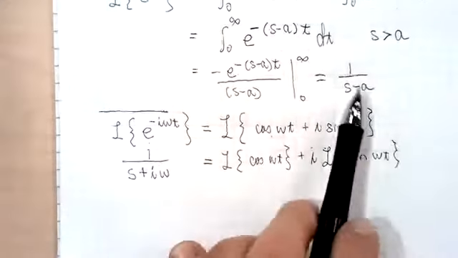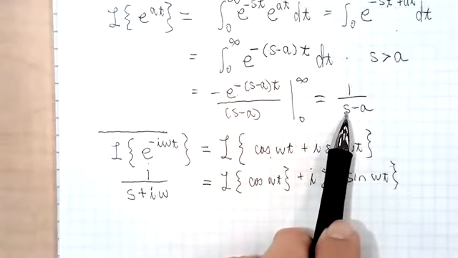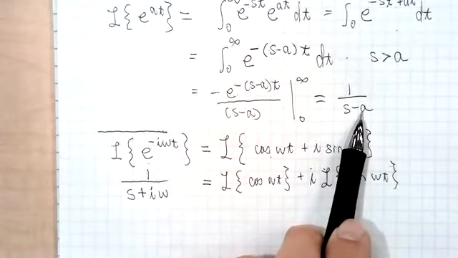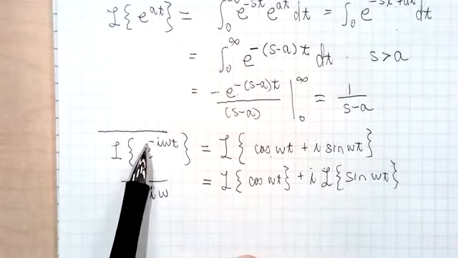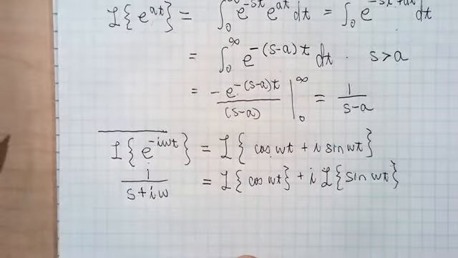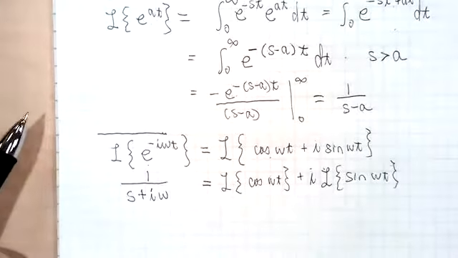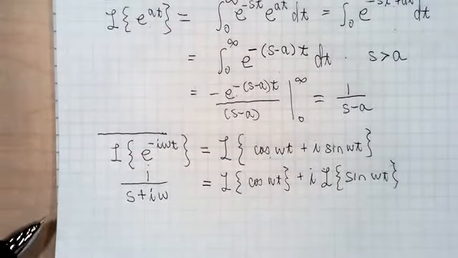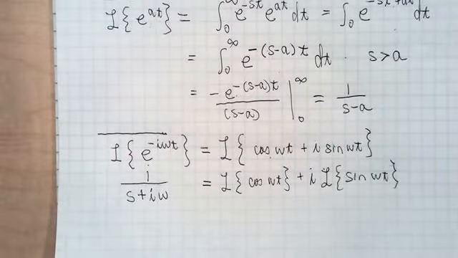So all I did is I took this formula right here, 1 over s minus a, and I replaced a by, why did I use a minus? I don't know. It'll work just fine, but you do need to be consistent.